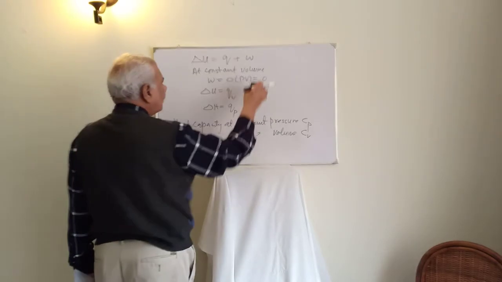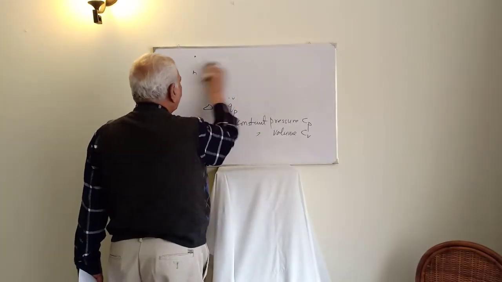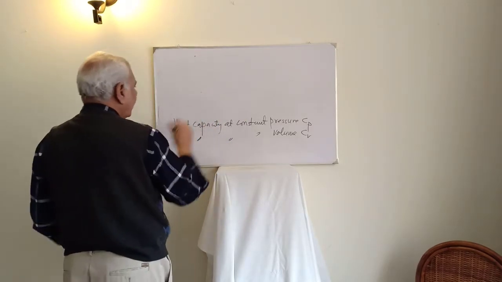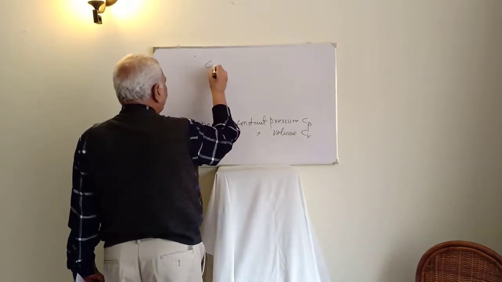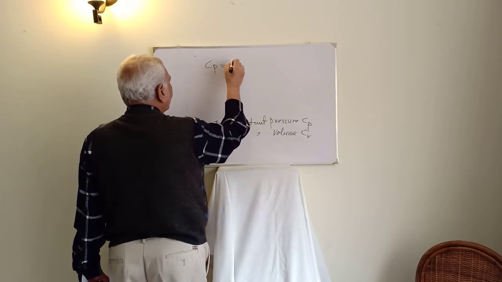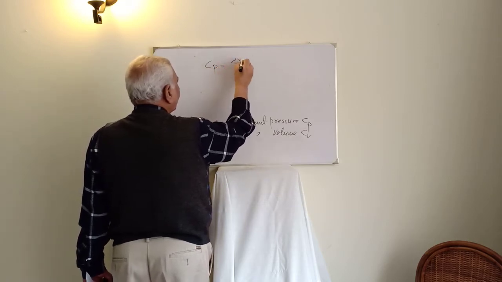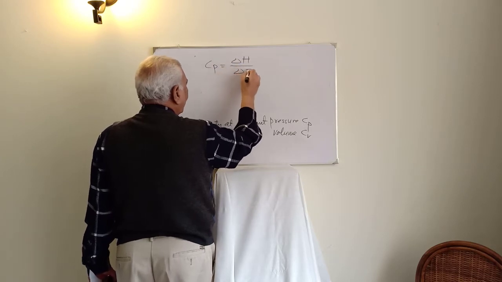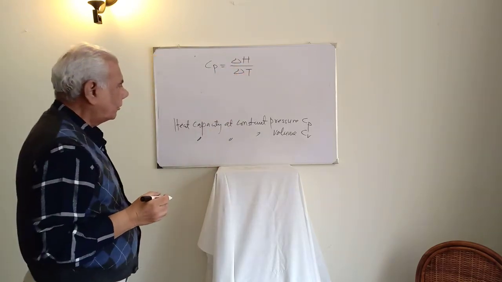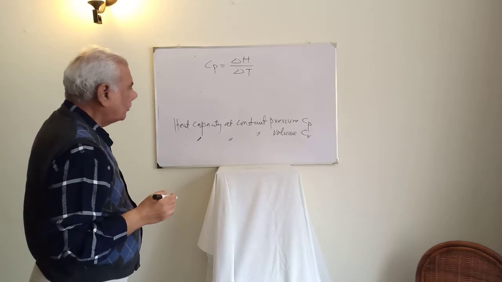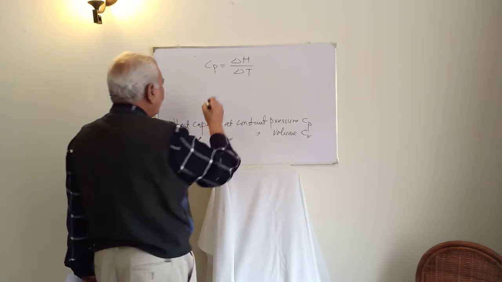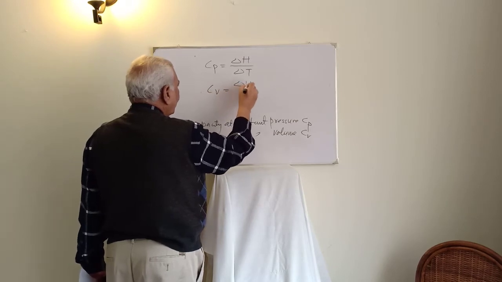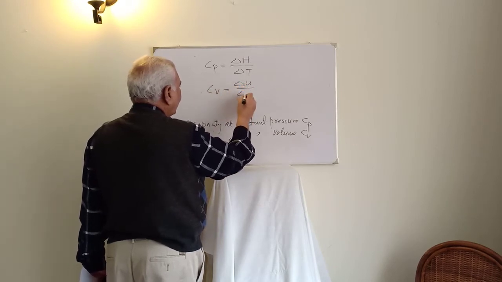Right, so from what I have written there, Cp is delta H over delta T. Right, okay. And Cv is delta U over delta T.